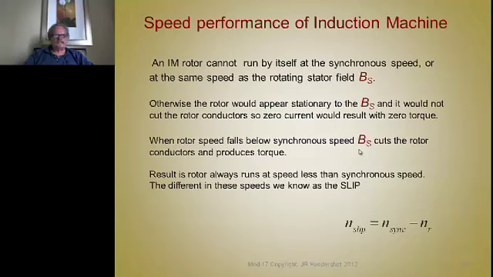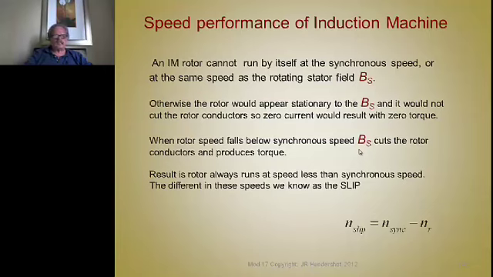The speed performance of an induction machine is to be had a look at now. The rotor cannot run by itself at synchronous speed. We've covered that, or at the same speed. That synchronous speed is the speed of the rotating stator field. Otherwise, the rotor would appear stationary in terms of the stator B field, and would not cut the rotor conductors, so zero current would flow in the rotor, so you would get zero torque.